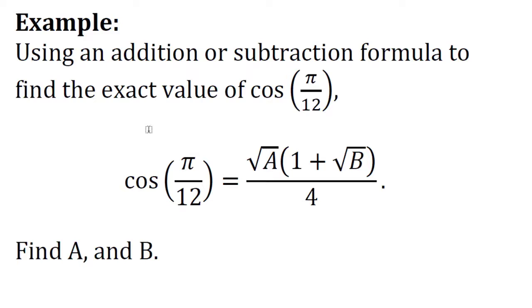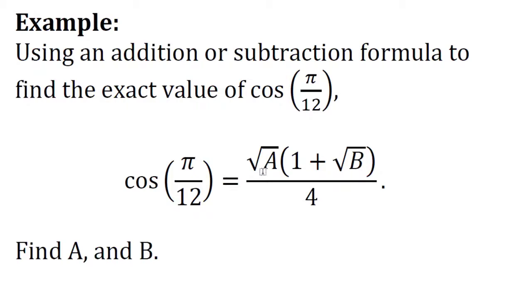The problem intends that if we use the addition or subtraction formula to find the exact value of cosine of pi over 12, then this value of cosine of pi over 12 can be expressed as a value in this form of expression.